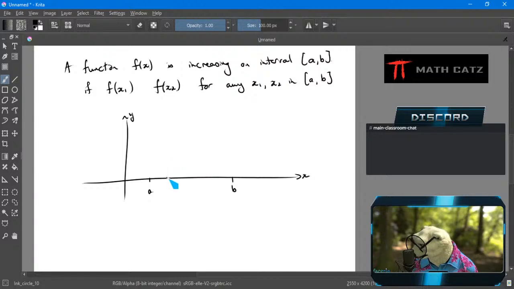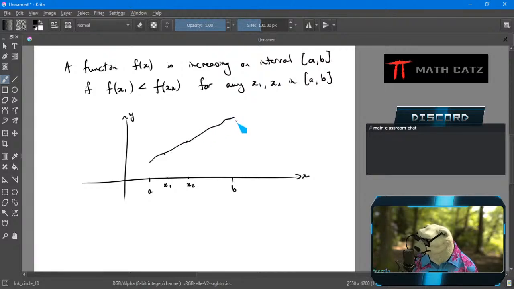If I compare any two x values and the y values, the points need to be going up in terms of the y value. So the second one needs to be bigger than the first one, or the first needs to be smaller than the second.